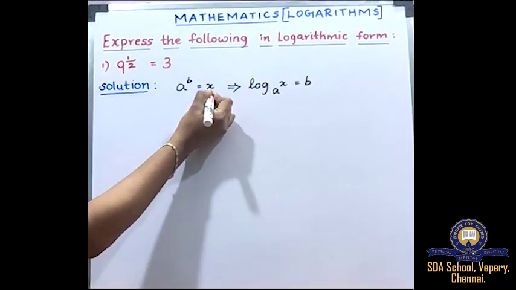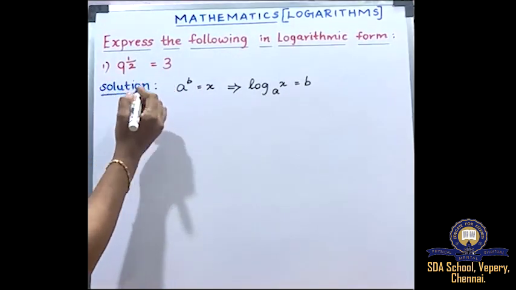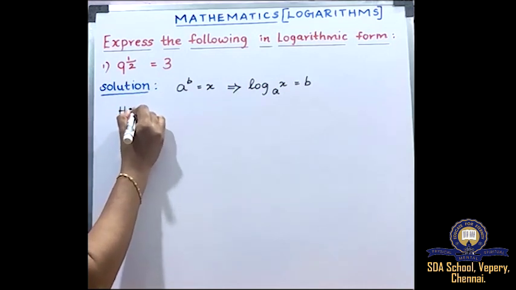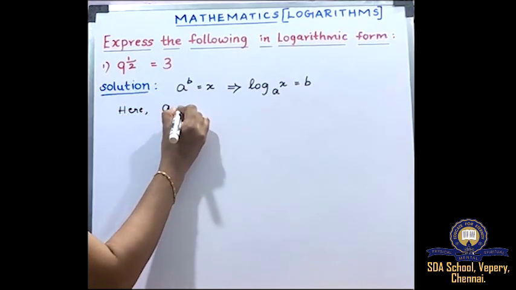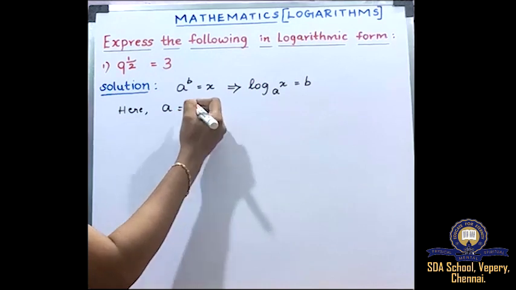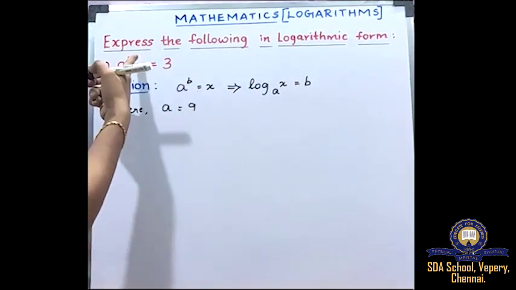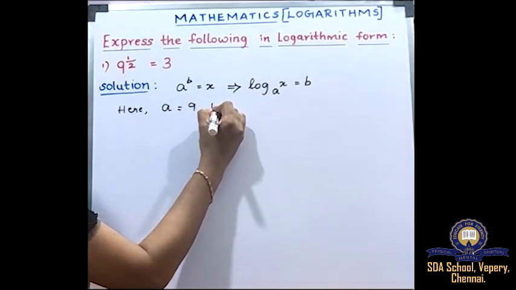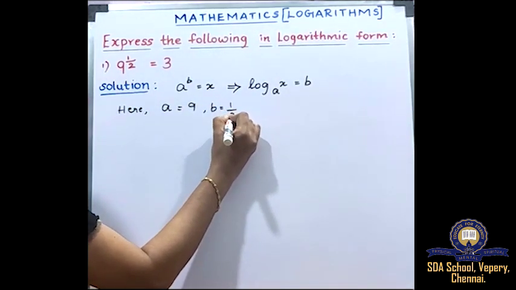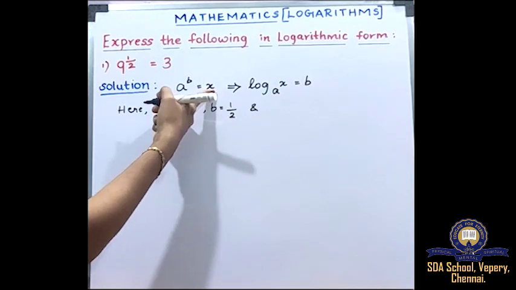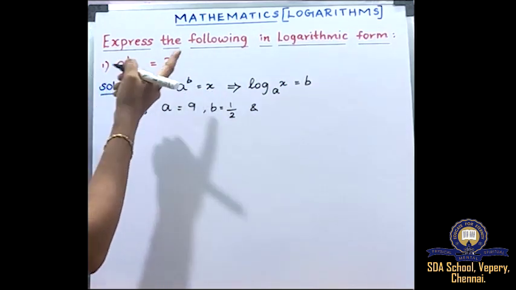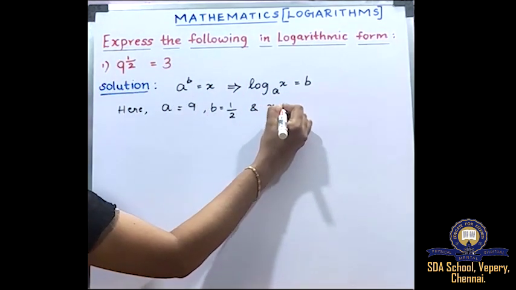Now if you compare the exponent form with the given question, in the place of a we have 9, and in the place of b, we have 1 by 2. So b value is 1 by 2. And in the place of x, we have 3. So x value is 3.